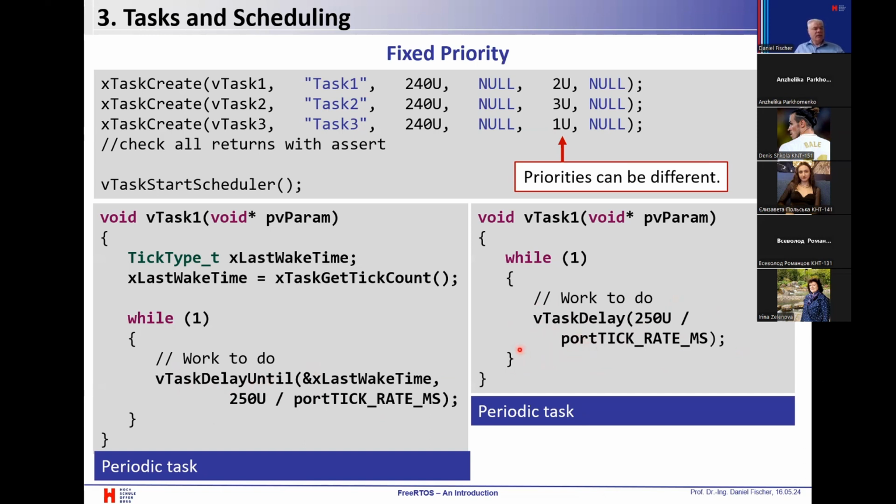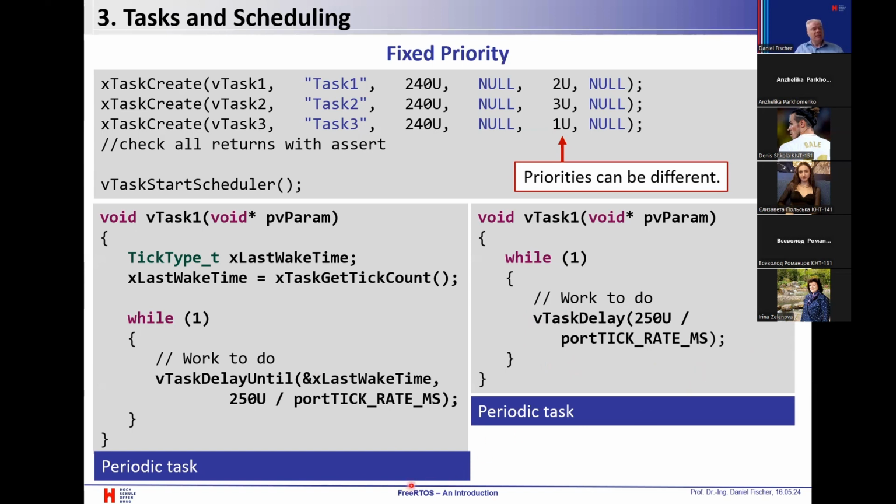And here you can put your task into a blocked state. That means the task has to wait until this time is over. 2 possibilities for our lecture. In our example, we will only later use this one, the vTaskDelay.